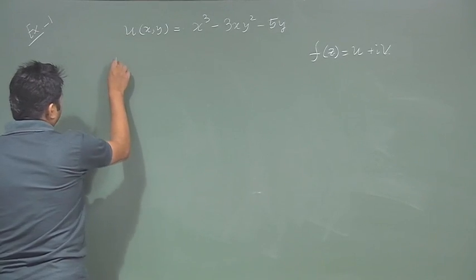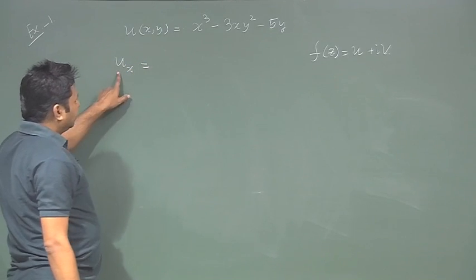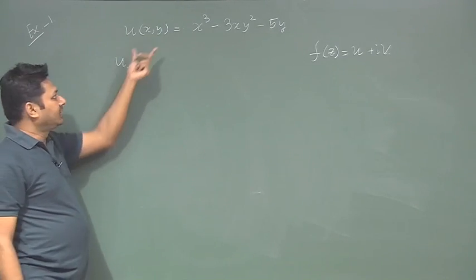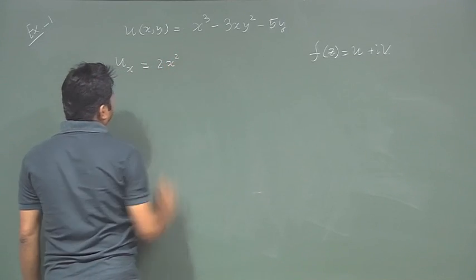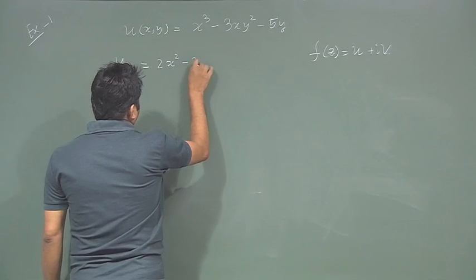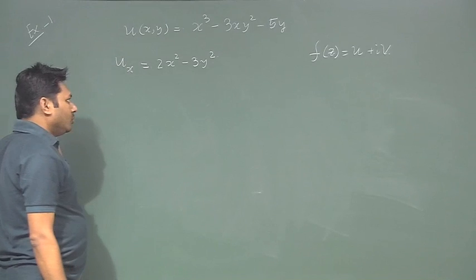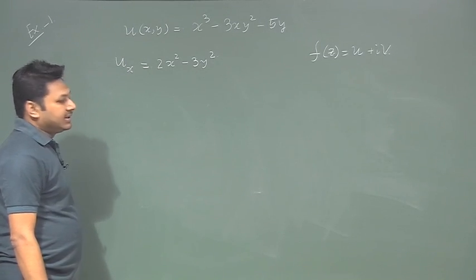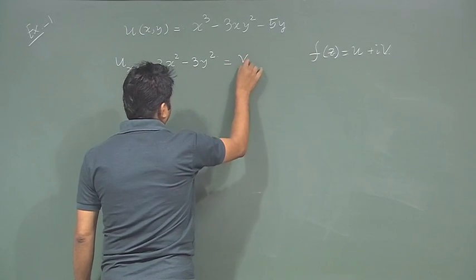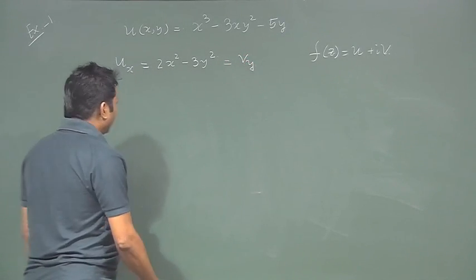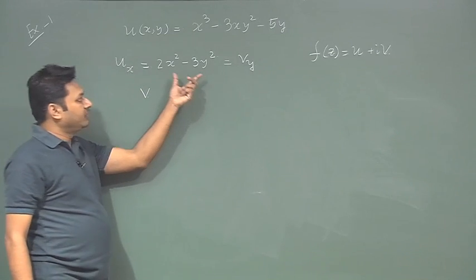So, let me first find what is your ux. ux is the partial derivative of this quantity. So, that means 2 of x square minus 3y square. Now, this quantity ux, if the function f(z) is analytic, should be equal to vy. Now, if I write v from this equation, vy is the partial derivative with respect to y.